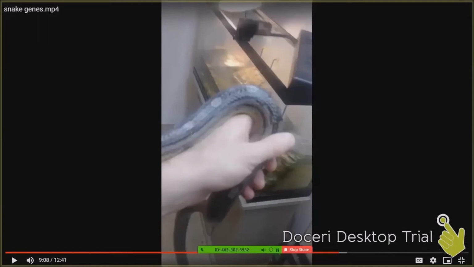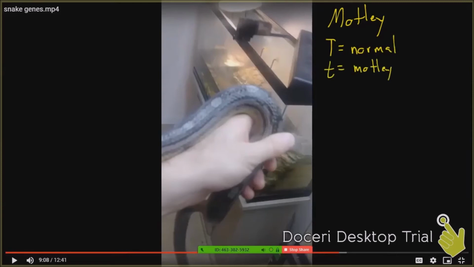So let me write out what this is. This is called the motley. So this one is an aneurythristic and motley. There's many genes that make up a snake, just like there's many genes that make up you or me. So this is an aneurythristic and motley, and we've already been using M for the melanin, so let's use T to represent a normal, meaning the normal pattern, and lowercase t to represent the motley.